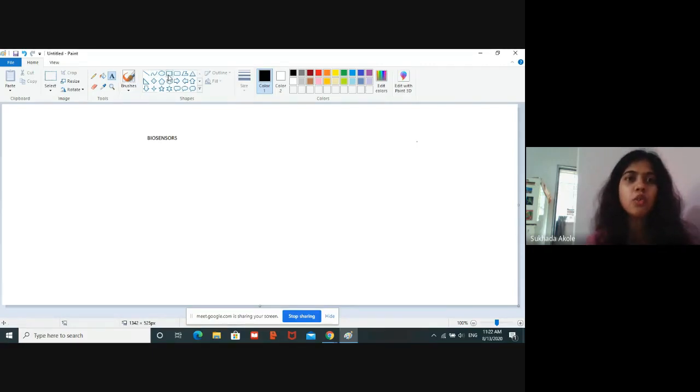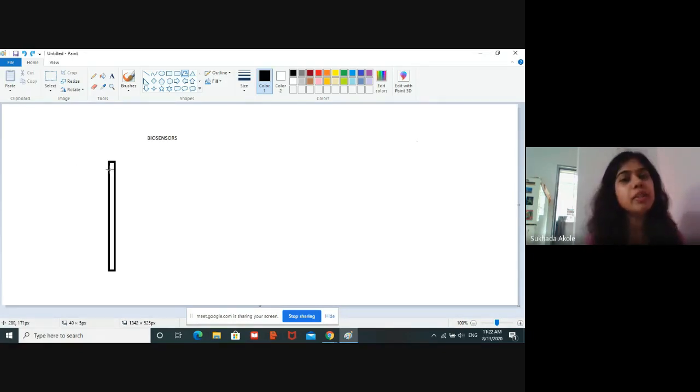Okay. So, when I draw a biosensor, I have certain components in it. The first component that I'm going to have is an inert material, which is this.